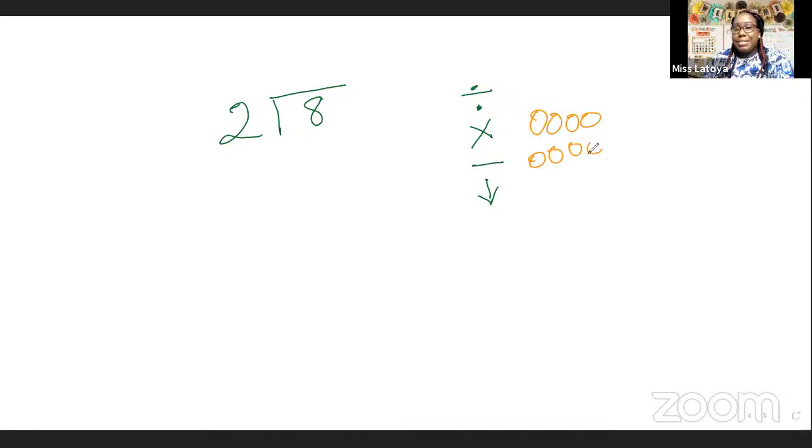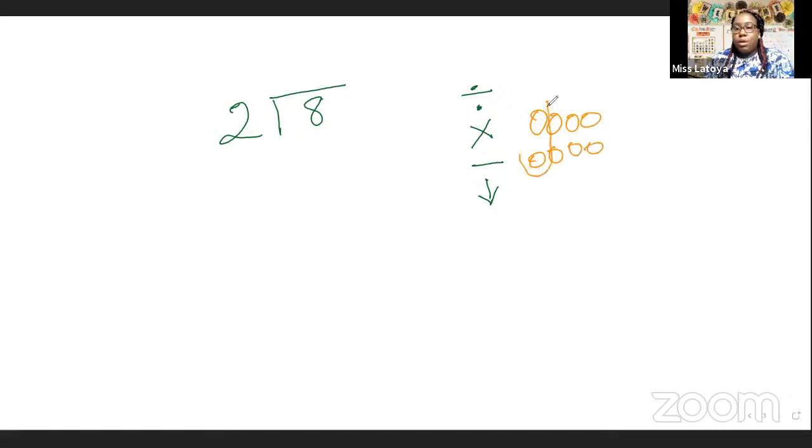2 into 8. Again, what are the steps in long division? First, we divide, then we multiply, then we subtract, and then we bring down. So 2 into 8. How many times could 2 go into 8? We can count in twos using our fingers until we get to 8. This question is asking us how many groups of twos we can get from 8.